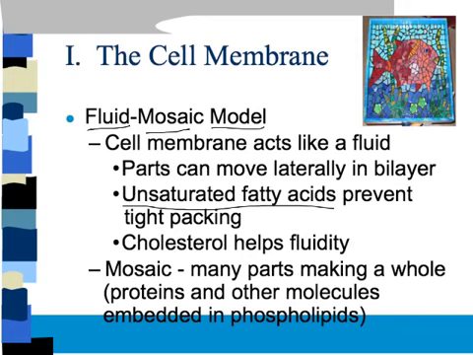And the cholesterol kind of helps to perfect the fluidity, so it's not too fluid and not too solid. That's the fluid part of the name. Mosaic just means a bunch of pieces coming together. So because many parts make up the membrane, we also call it a mosaic, because there are a bunch of different molecules making it up.